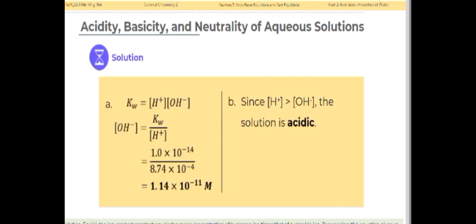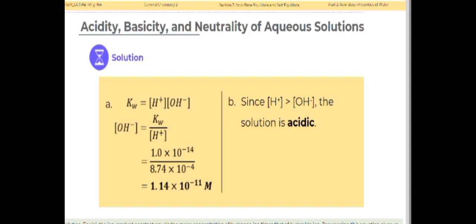Solution. For A, the ion product constant equals the molar concentration of hydrogen ion times that of hydroxide ion. Rearranging this equation gives us the equation for calculating the molar concentration of hydroxide ion. Unless otherwise stated, let us assume that the temperature is 25 degrees Celsius.